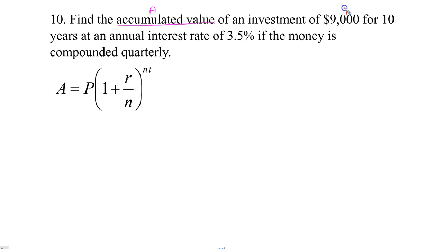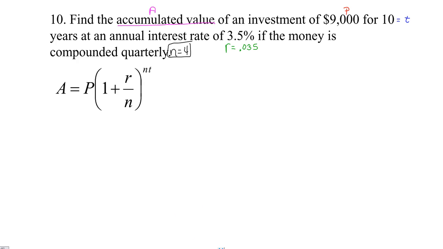So here is P, for 10 years, so here is T, the number of years, at an annual interest rate of 3.5%, so R is going to be 0.035. If the money is compounded quarterly, this means that N is going to be 4. And now we're going to be looking for A and plugging everything else into the calculator.